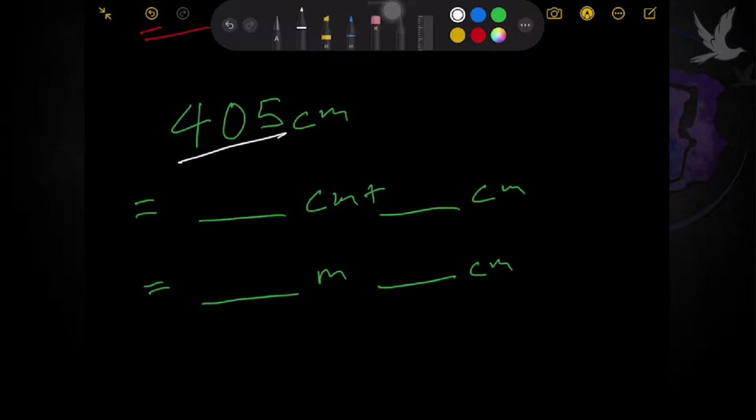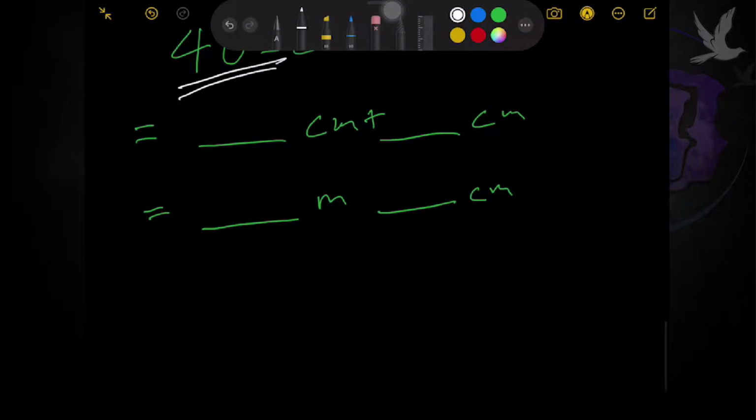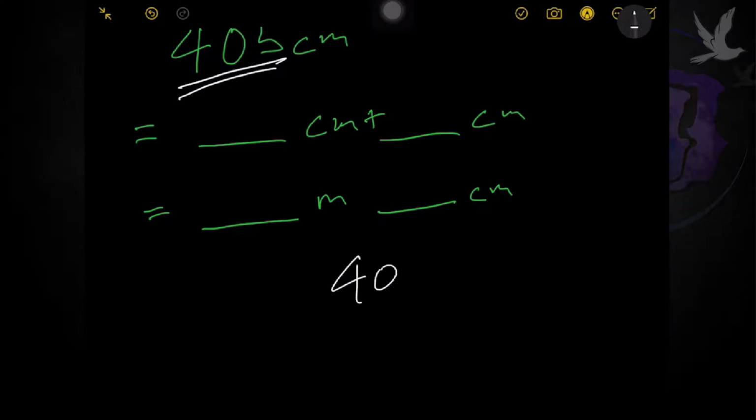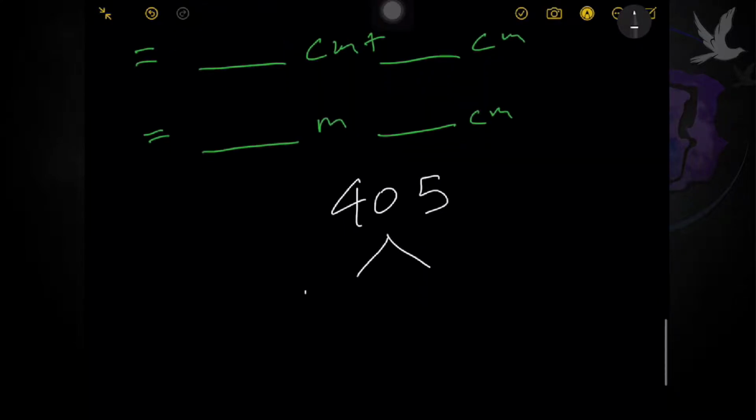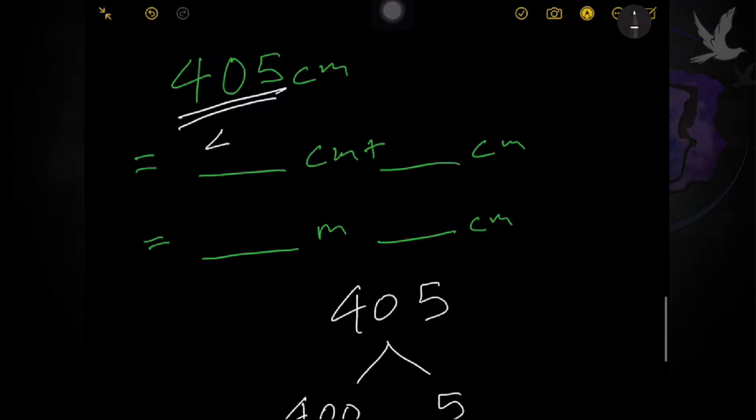405. If you're going to break down 405, take the hundreds, which is 400, and what's left is just 5 alone. So, ibig sabihin, yung 400, we will place it here, 400 centimeters, and your 5 centimeters will be here. Ni-breakdown natin, taking away the hundreds. Okay, I hope that I was able to make that clear.